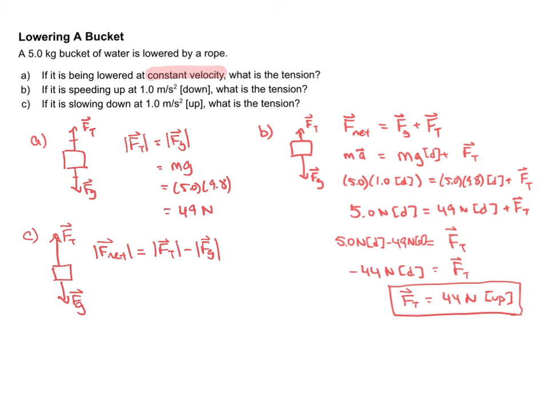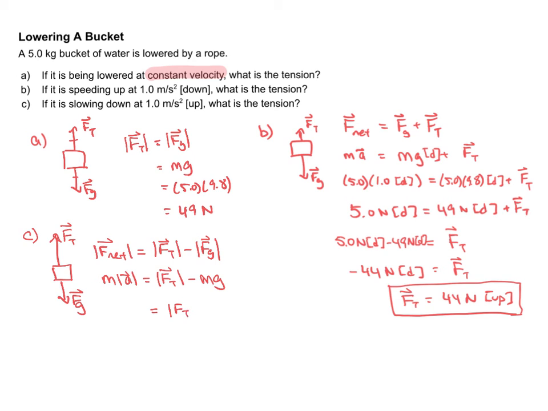So I'm going to continue this here. I will replace net force with ma, the magnitude version. Tension is what I'm solving for, so I'll leave that. And I will replace F_G with mg, just the magnitude version. I'm not needing to add a direction here. Now I'll isolate for tension.